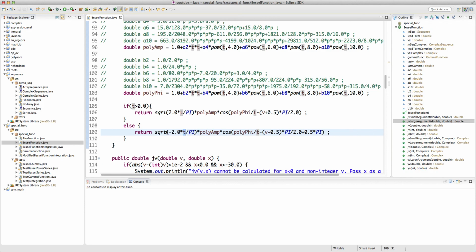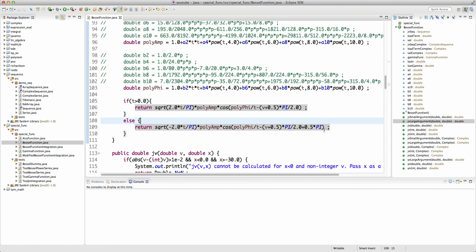But then the square root of minus 1 gives us j. j is e to the j pi over 2, so it's a pi over 2 phase shift. So we can add this pi over 2 to the phase, right? Cosine of polyphi over t minus nu plus half pi over 2 plus half pi, all right? And we already know that cosine of something plus pi over 2 is minus sine of something. So we can also implement it based on sine. But for symmetry, let's just keep it as an extra phase, all right?